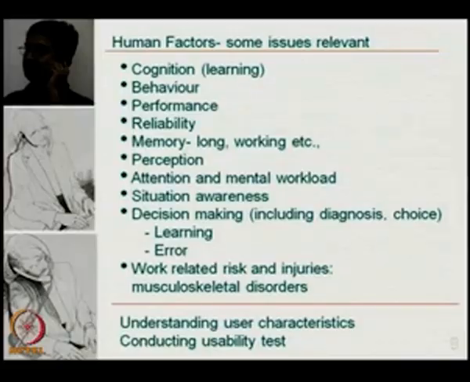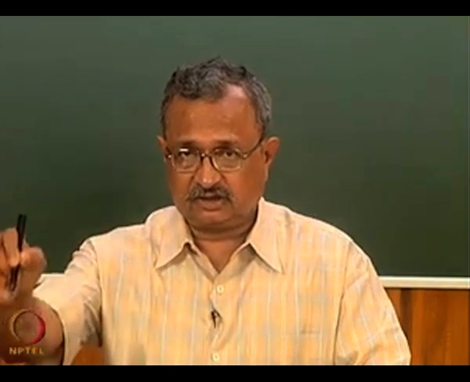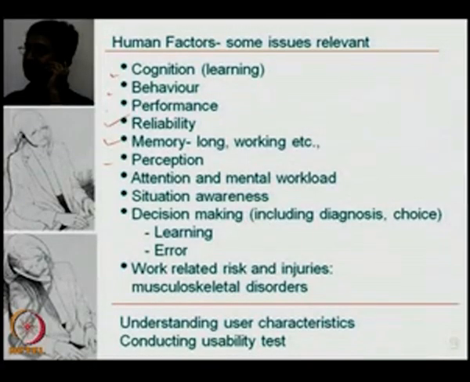Now, human factors, some relevant issues are cognition, behavior, performance, reliability, meaning that while operating some product, it should not give any wrong result. Memory, long term and working, perception, attention of mental workload, situation awareness, where I am using this, whether this product fits in that or in this context, decision making, that includes diagnosis and choice, learning and error.